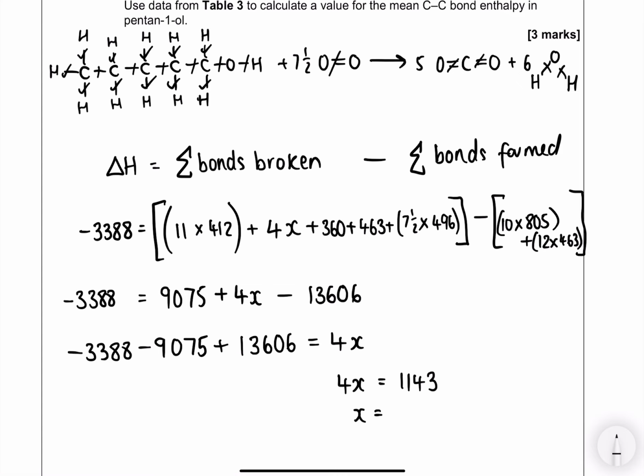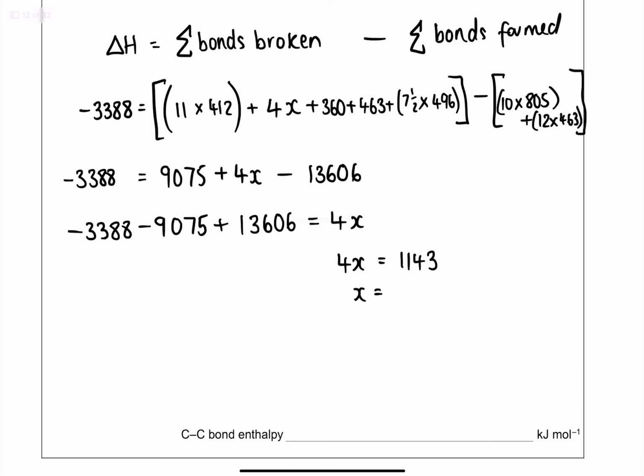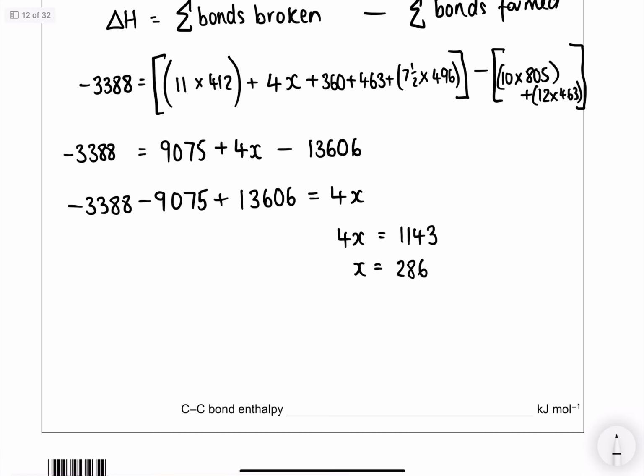X equals, divide by 4, 285.75. I'm going to round to 3 significant figures. The other numbers were given up here to 3 significant figures, whole numbers, so 286.